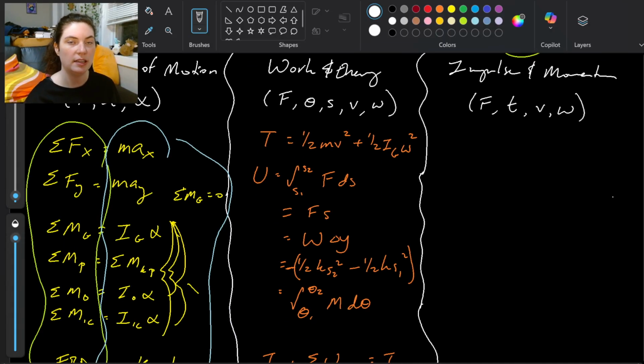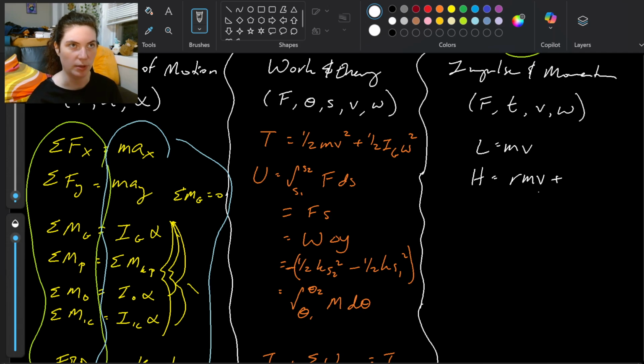The most recent thing that we've done is our impulse and momentum. And our impulse and momentum was very similar to how we treated it for a particle. Our linear momentum is m times v.